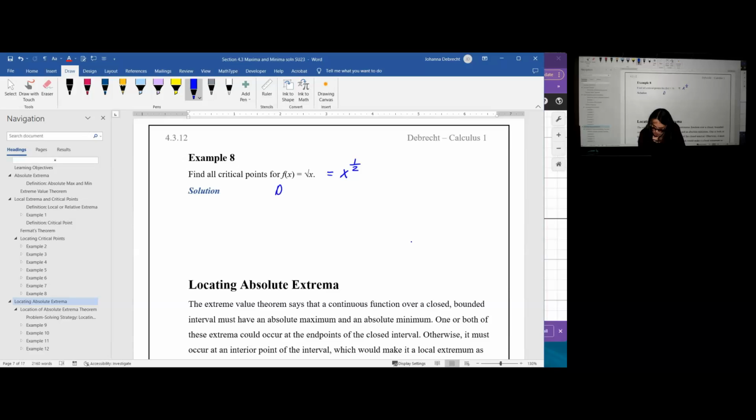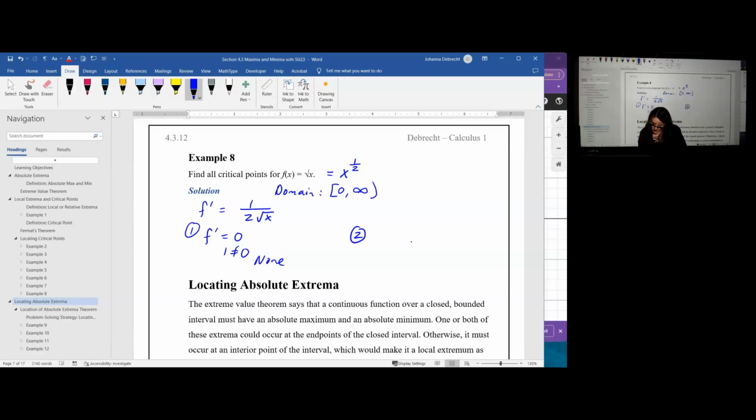So I know that the domain for this is going to be closed 0 to infinity. Now I want to find the derivative, which I know is 1 over 2 square root of x. When I think about where the first derivative is 0, I note that the numerator is never 0, so there are none coming from that particular possibility.